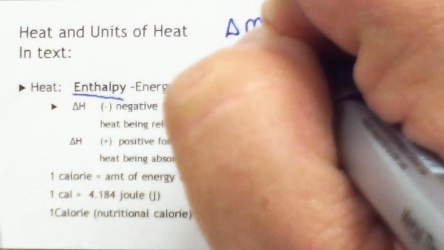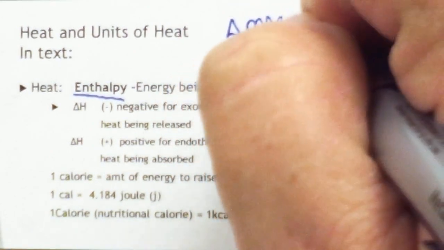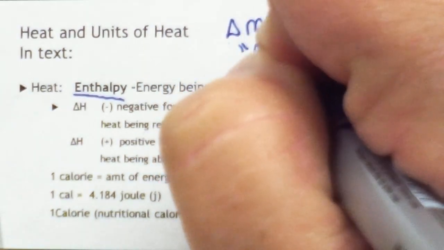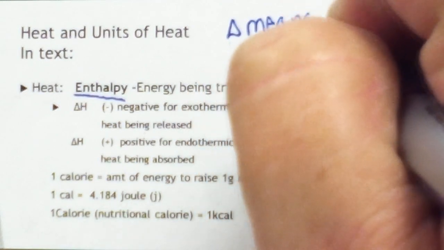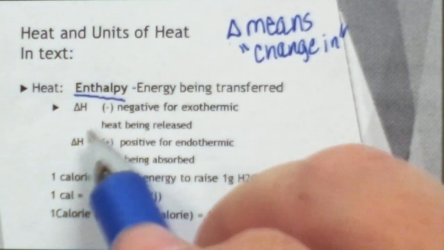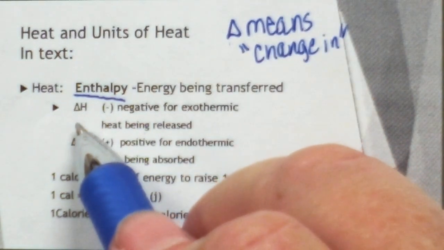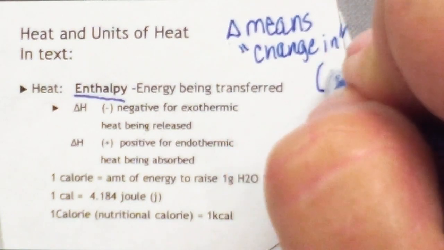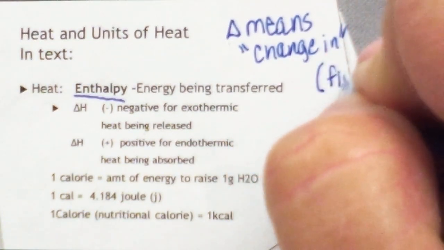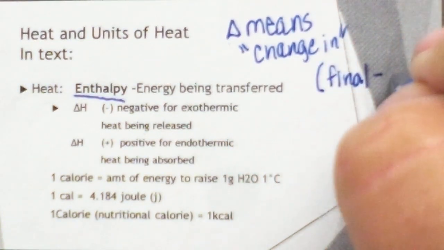Now, that delta means change in. So this would be change in enthalpy. And you find the change in by the final minus the initial.